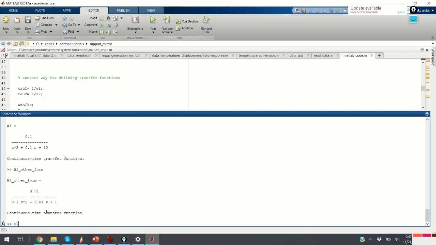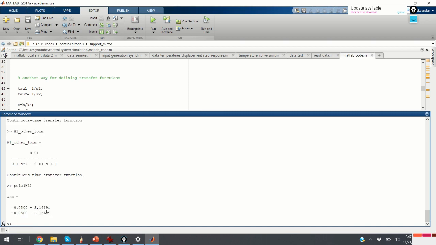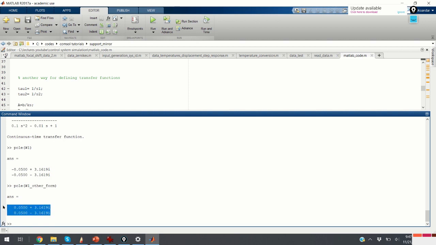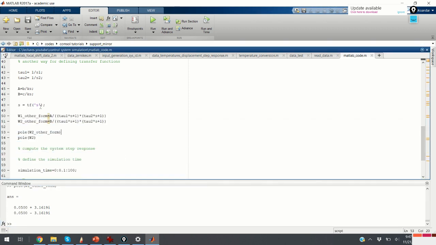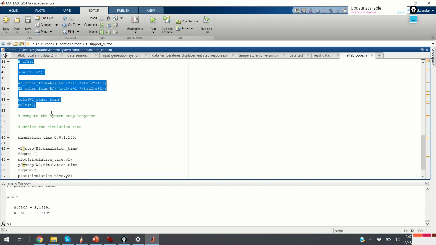However, we can compute the poles. We can compute the poles of W1, this is what we obtain, and we can compute the poles of W2. Voila! The poles are the same. So this is another way, and I think this is an easier way of defining transfer functions.